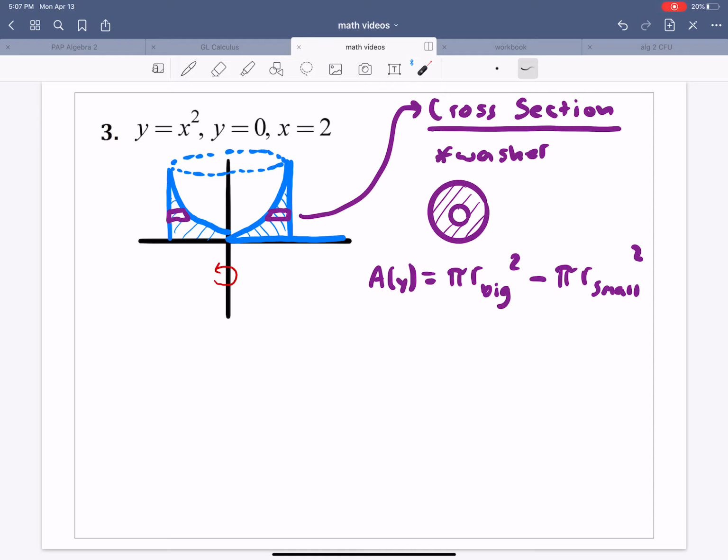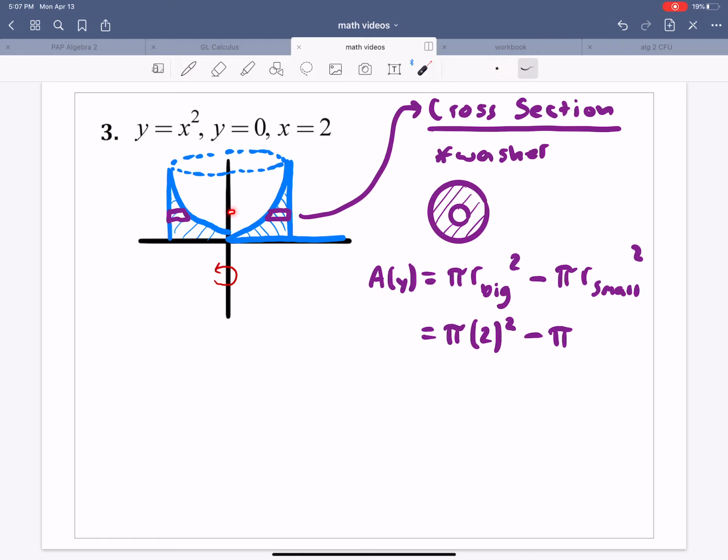So if you look at the graph, the big radius is always going to be this vertical line. So it's always going to be x equals 2 as the radius. So that makes finding the area of the big circle really, really easy. It's always going to be the same thing, pi times 2 squared minus pi times the radius of the small.